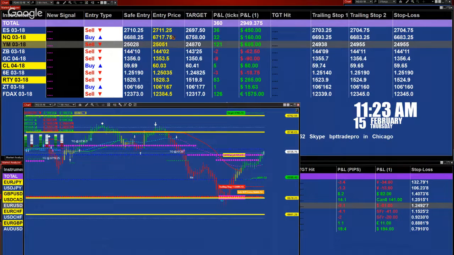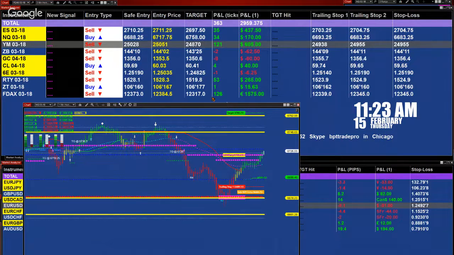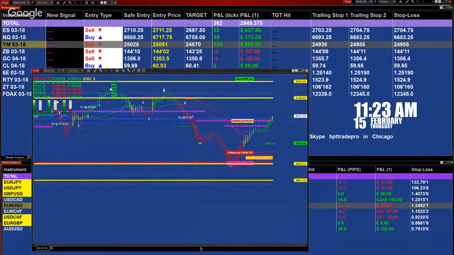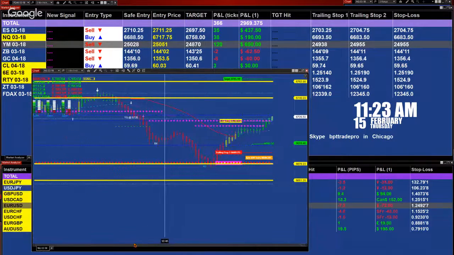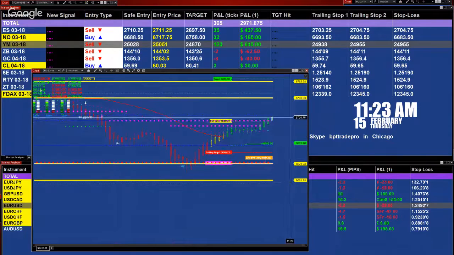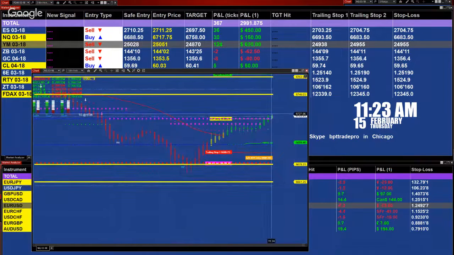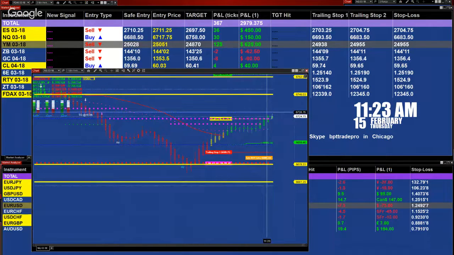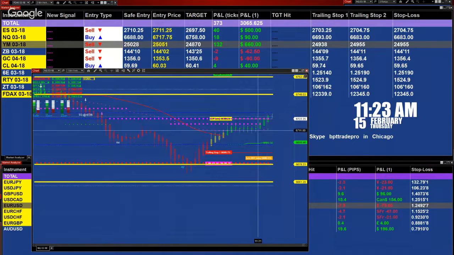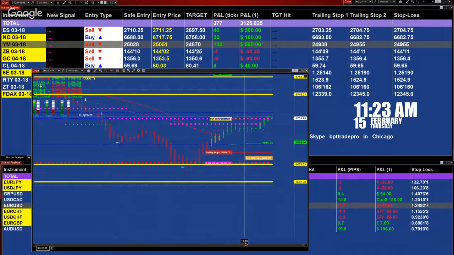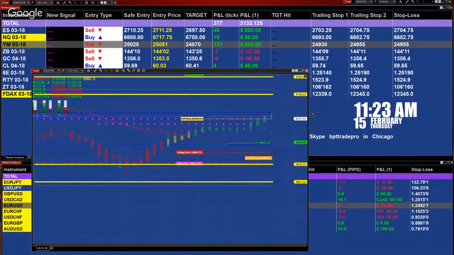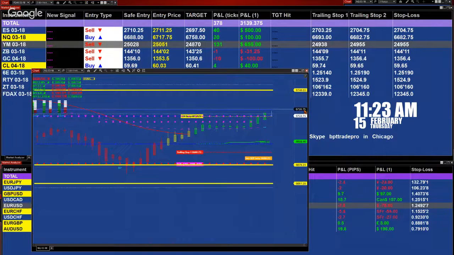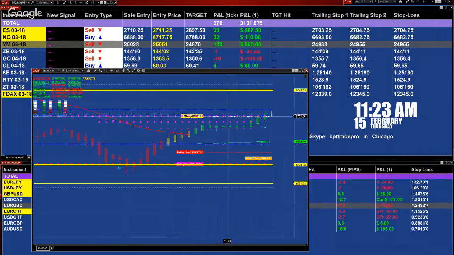On the Nasdaq now, we are up 34 ticks. Watch this bar, gentlemen. Watch this bar. It's coming to our fib line at 28.75. Look at this. It's exactly to the tick. And this is your entry price.